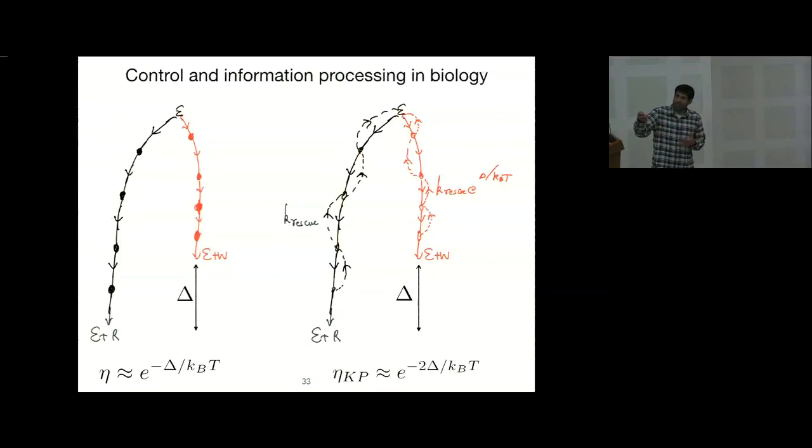It's able to use some information and distinguish between these two states. Although right now I don't have any mutual information thrown in here, there is some physical mechanism that allows the system to discriminate when it's going down the right pathway or the wrong pathway.